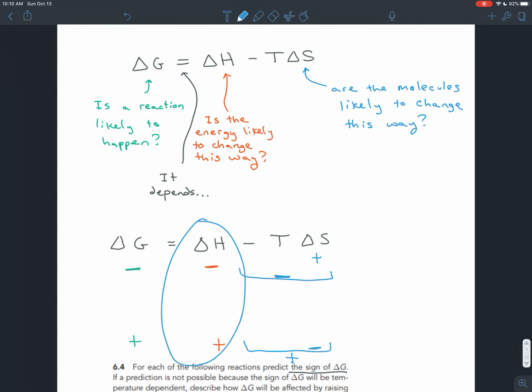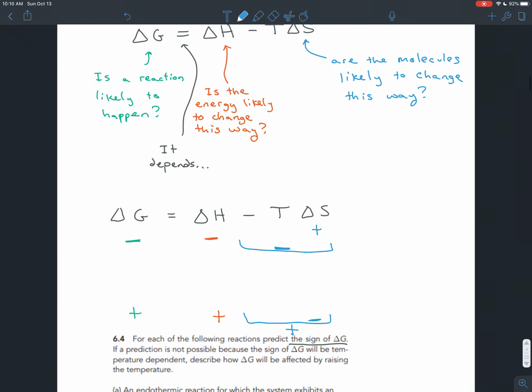An endothermic reaction where the molecules come together will never happen. It's completely unlikely. Delta G will be positive all the time. So there are 2 cases where the temperature doesn't matter. Notice that's the one thing we haven't talked about here. The reaction will always be spontaneous, or it'll always be non-spontaneous.